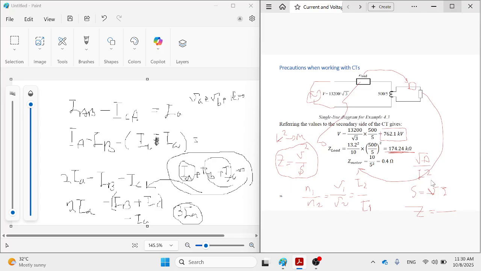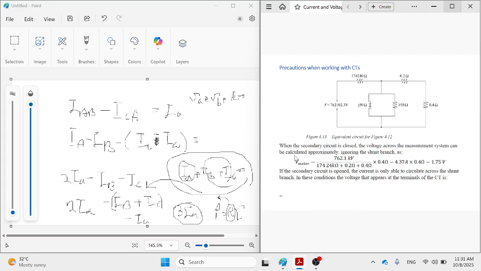Okay, I think they're using the formula P is equal to R I2. Then the Z is given as P over I2. This is the way they calculate the impedance of the burden.